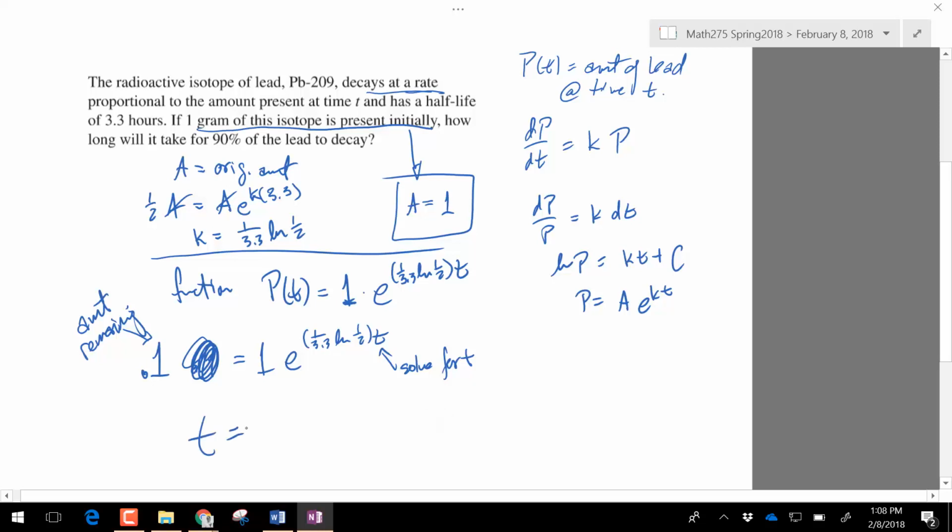So t is going to equal, see what happened, we took the ln of both sides and we're going to divide by this. So it's ln of 0.1 divided by (1 over 3.3 ln of 1/2). And then you're going to get some number for this if you did it properly.